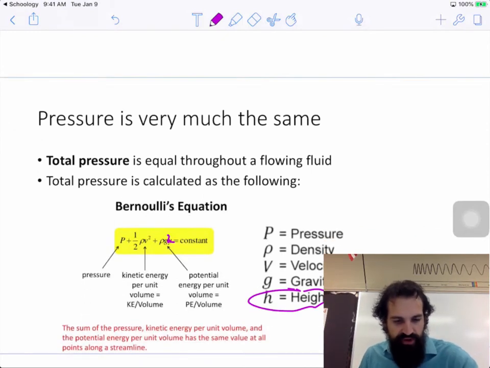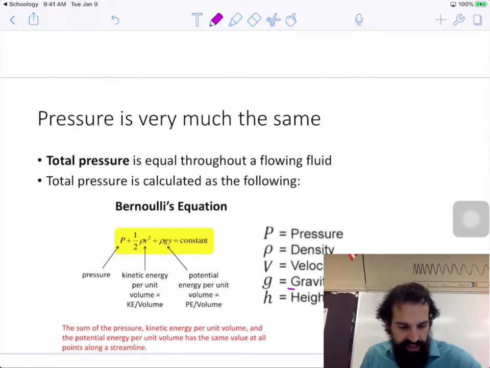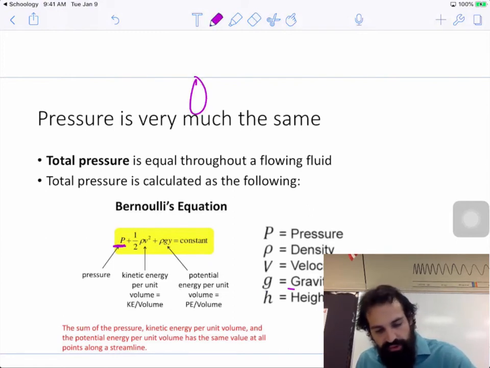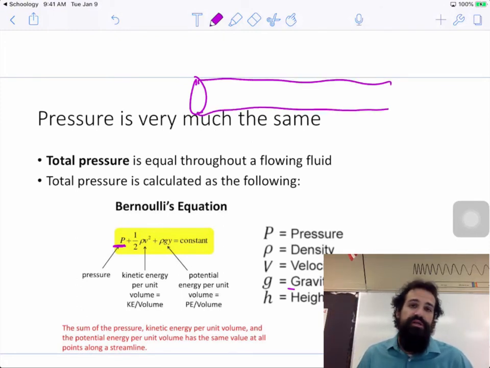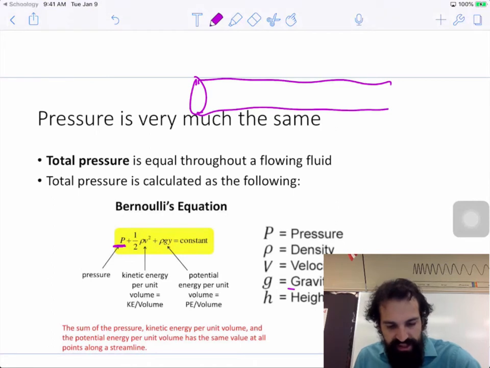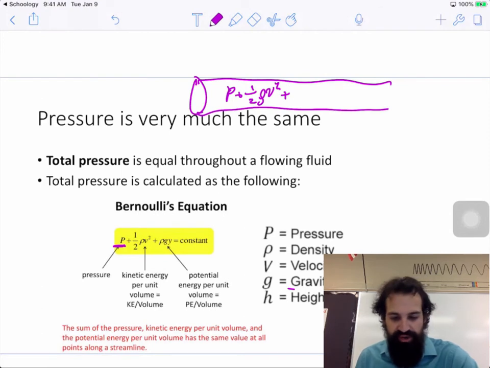Now, a couple things to note. Over here, I have the variables listed. P is the pressure. So at any point in a pipe, you can calculate the total pressure in the pipe as the pressure inside the pipe plus the kinetic pressure in the pipe, 1/2 rho v squared, plus the potential pressure in the pipe, rho g y.